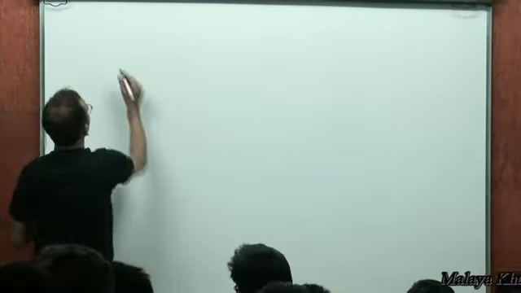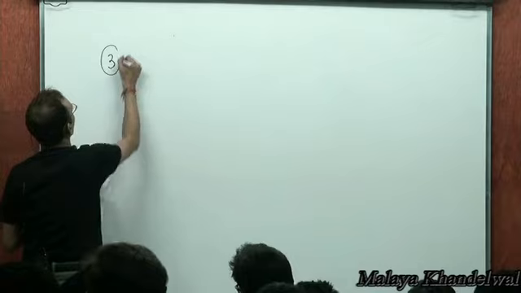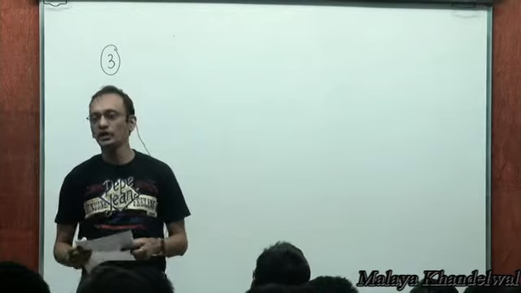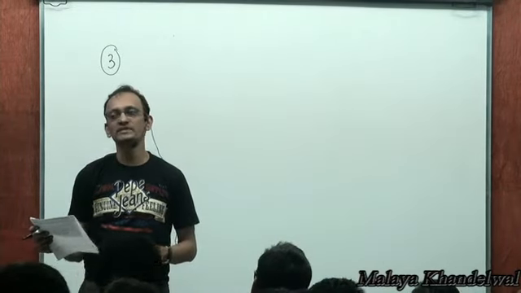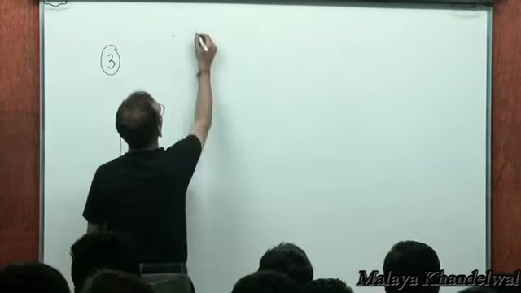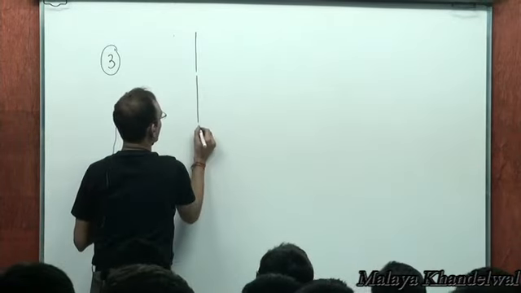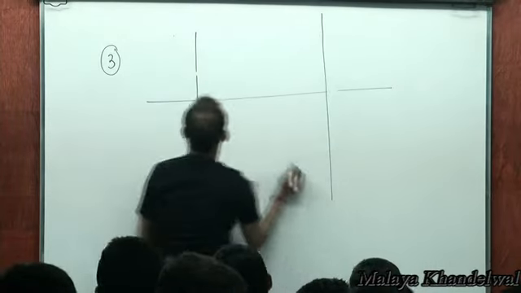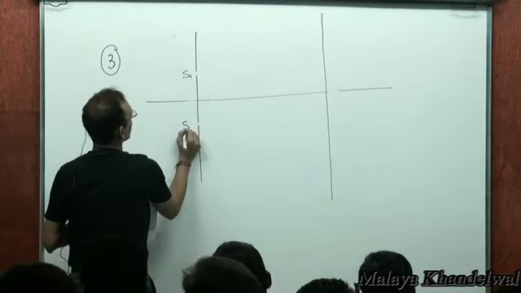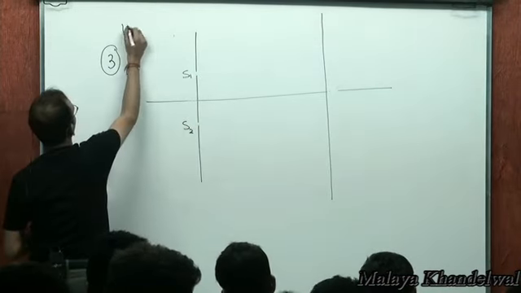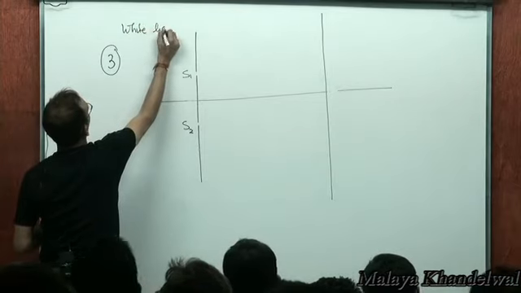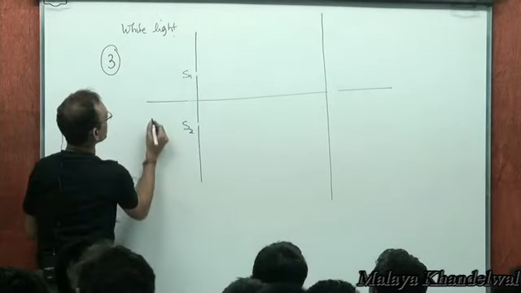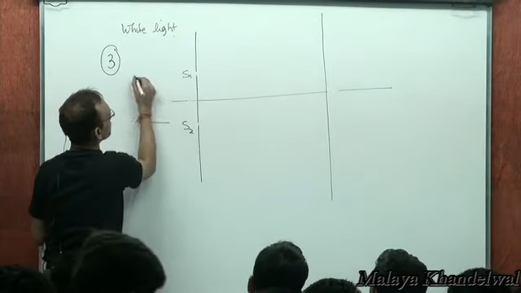So problem 3, which is about white light being used to illuminate the 2 slits in a Young's double slit experiment. The two slits are being illuminated by white light, and the separation between the two slits is b.